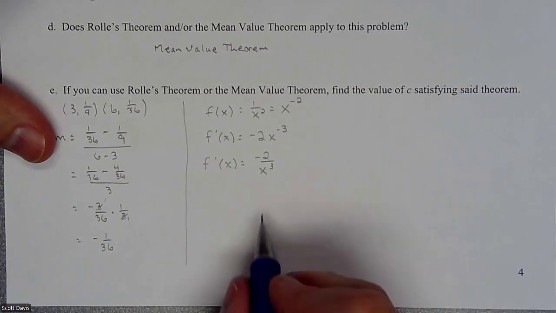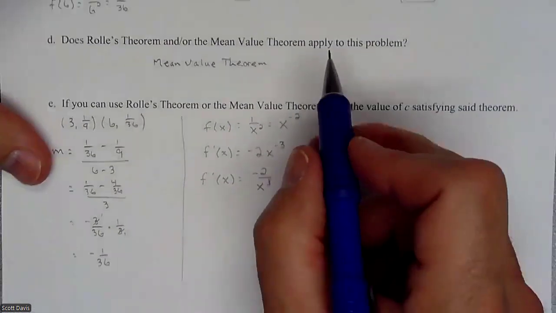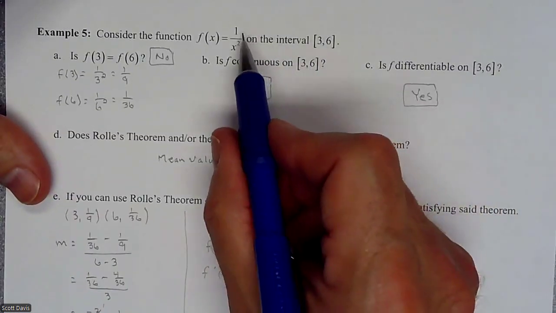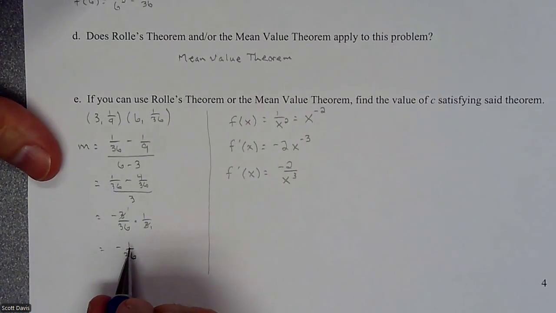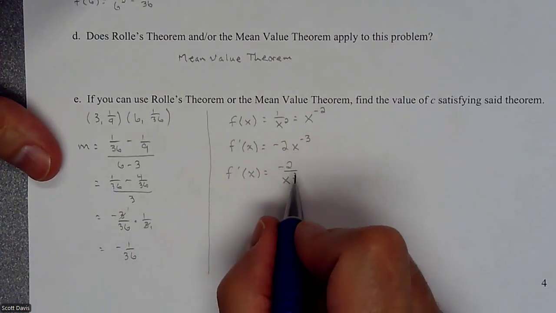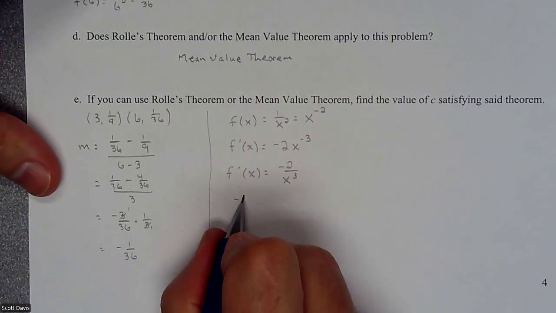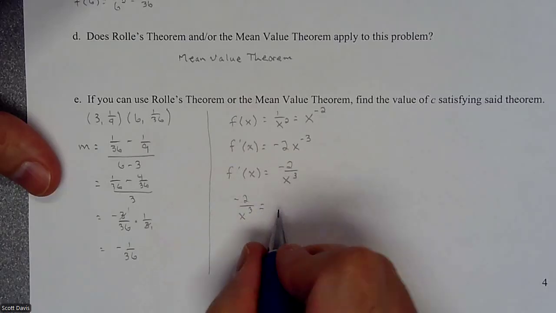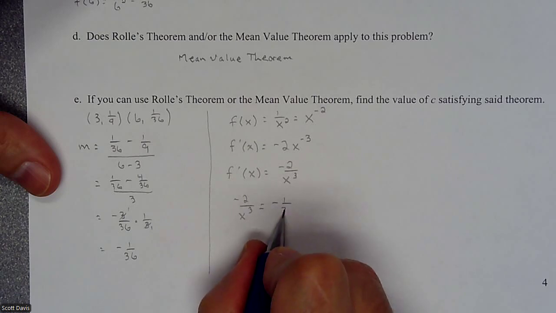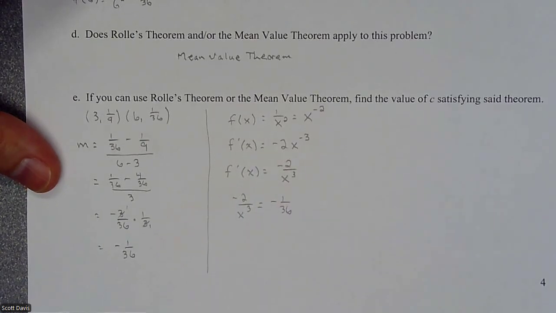We're saying that on this graph, from 3 to 6, somewhere there's a slope of negative 1 over 36. So we take our derivative, negative 2 over x cubed, and set it equal to this specific slope and try to solve.